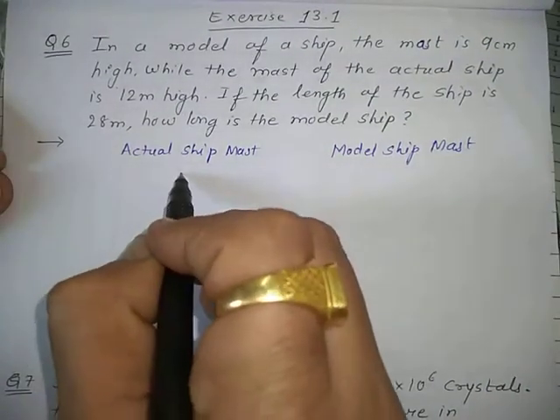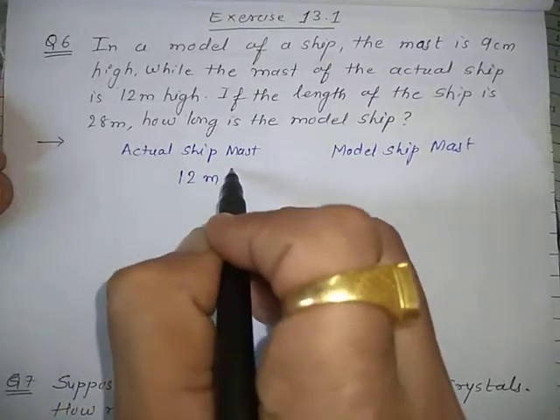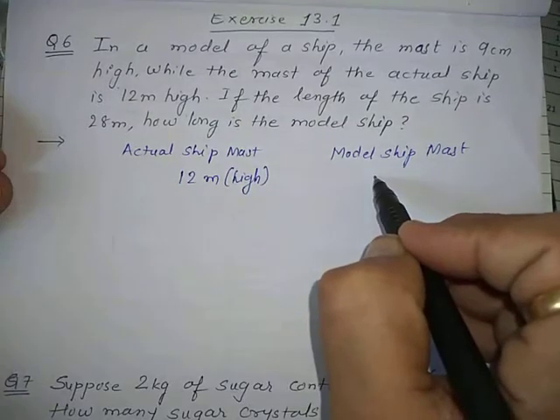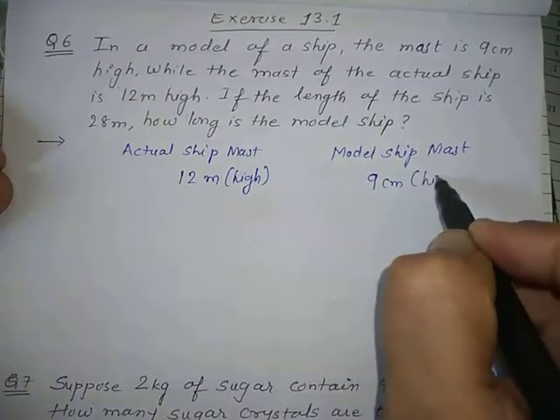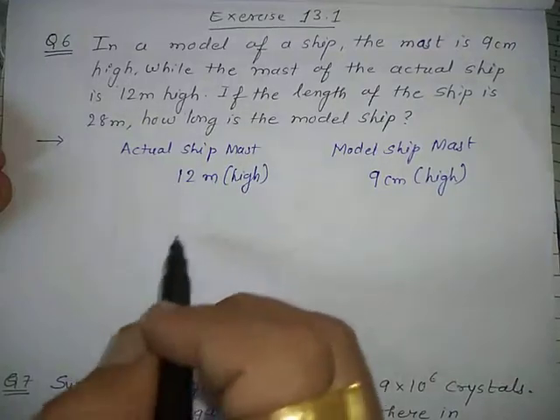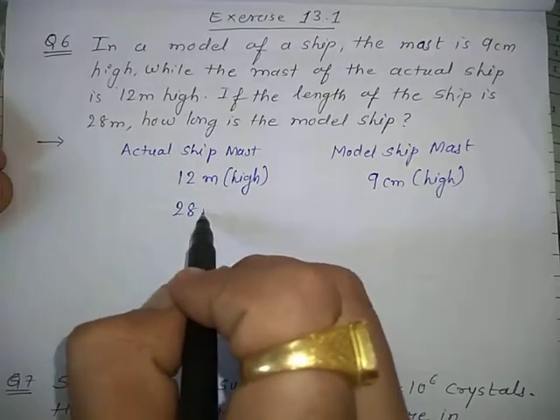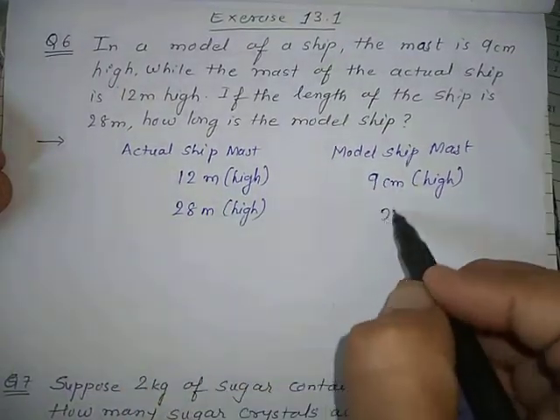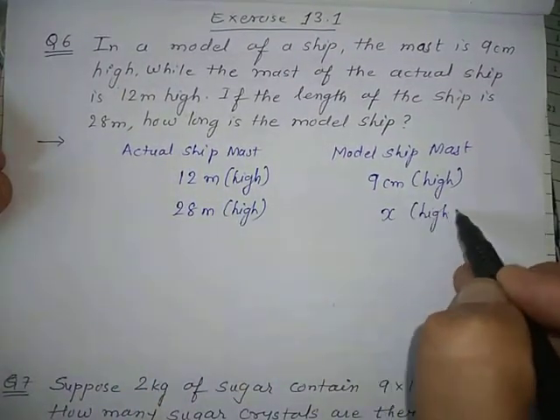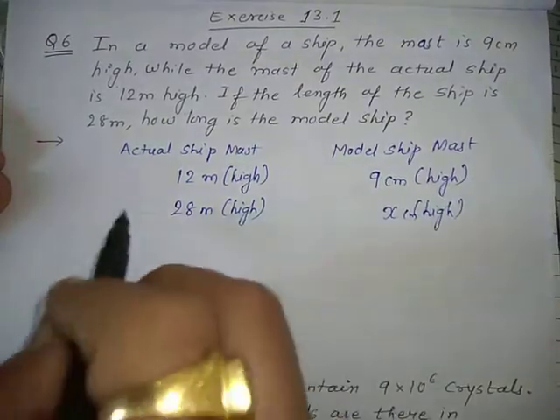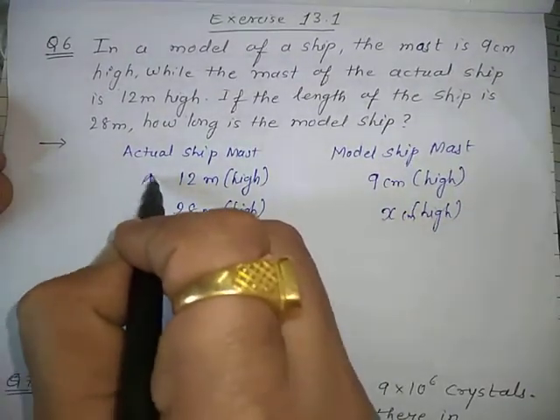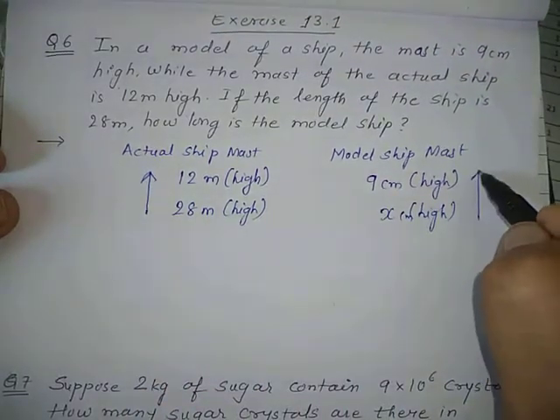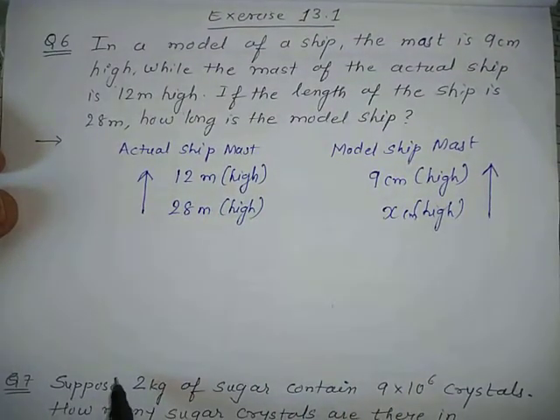So actual ship mast is 12-meter high, then it is 9 centimeter high in the model. If the actual ship is 28-meter high, what will be the height in centimeters for the model? So here the height of the actual ship increases, definitely the model must also increase.